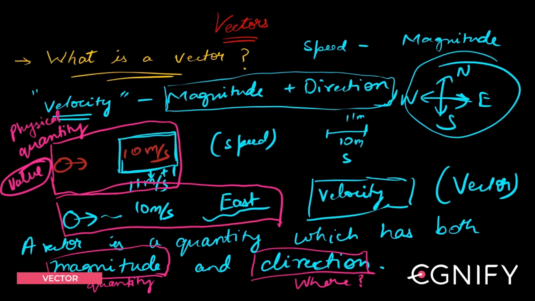Without the direction, you don't know where the object is moving. You can't predict where it will go. You can't have any control over where you want it to go, right? So for all this, vectors become very important. So now I think it should be clear what can be called a vector and what not.